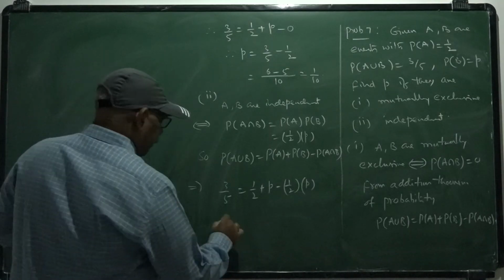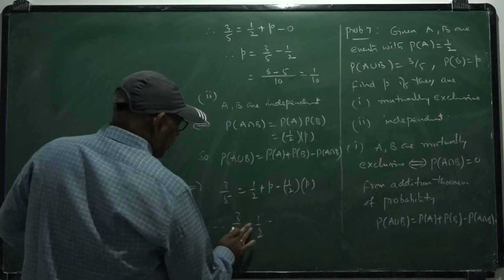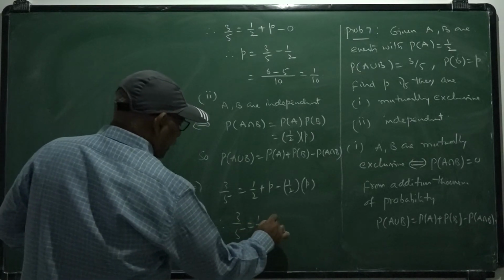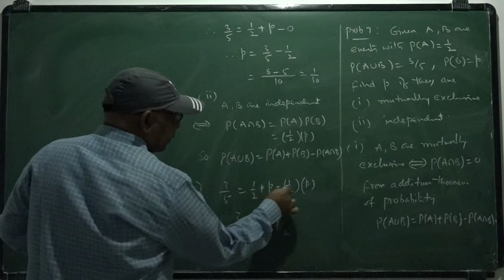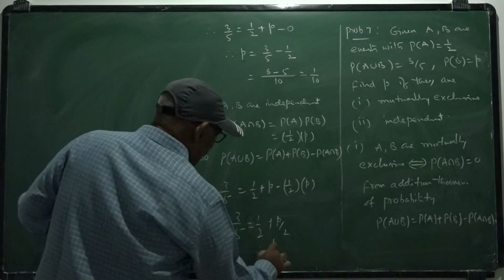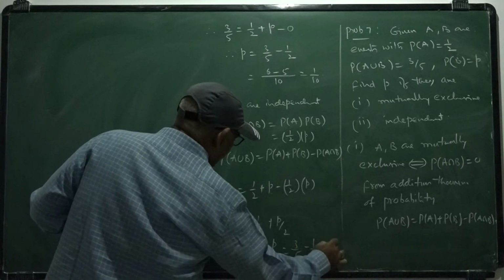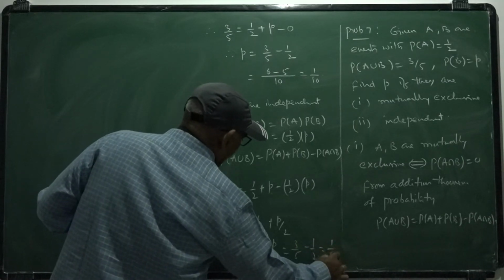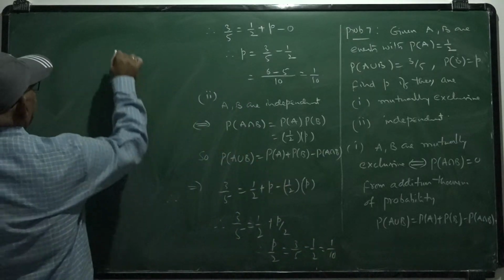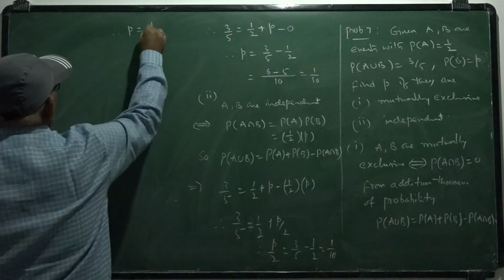From this, 3 by 5 equals 1 by 2 plus p by 2, because p minus p by 2 gives us p by 2. Hence p by 2 is 3 by 5 minus 1 by 2, which is 1 by 10. Therefore, in this case p is 1 by 5.